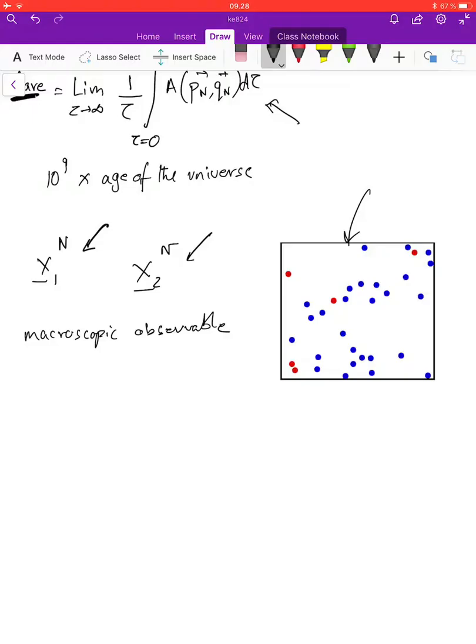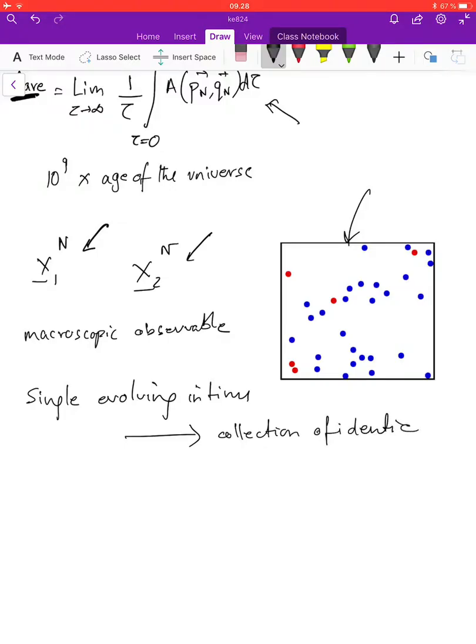Therefore, because these two microstates essentially lead to the same macrostate, a single system which is evolving in time can be replaced by a collection of identical systems, or microstates, and this collection of identical systems is what Gibbs called an ensemble.